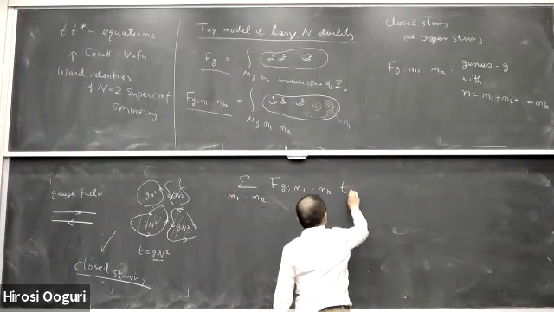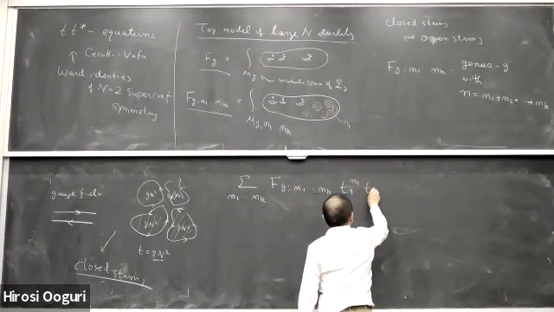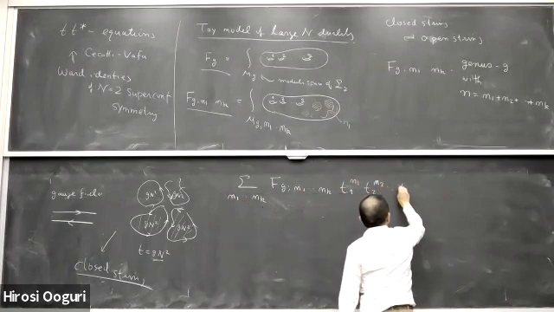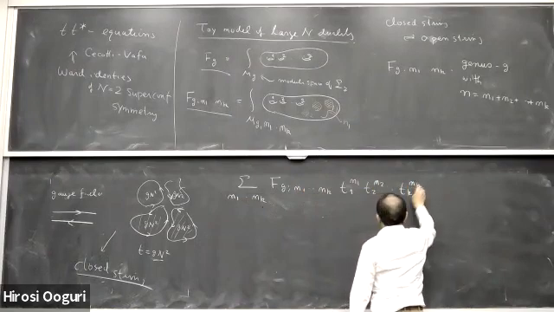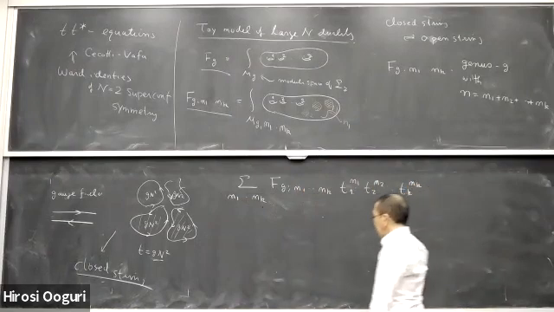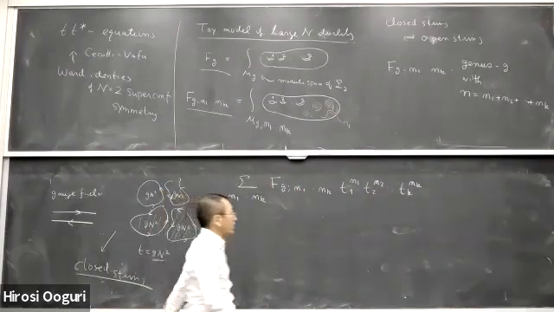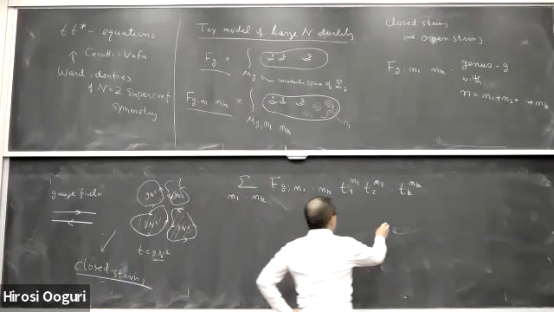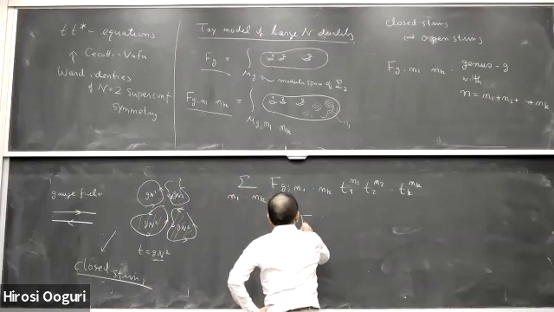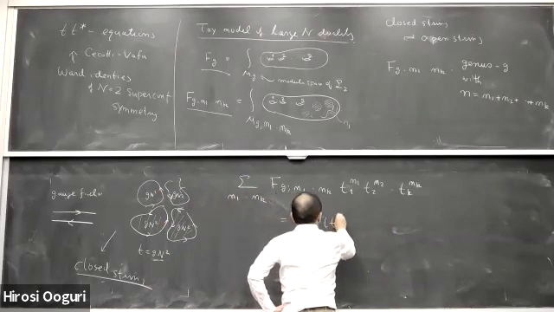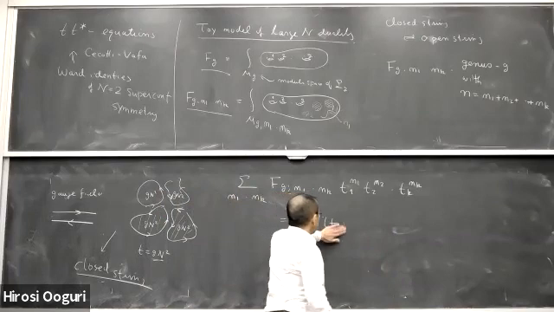So I have T1, N1, T2, N2, Tk, Nk. And in general, let's consider this kind of thing. Then you get some amplitude which depends on g and on these parameters.